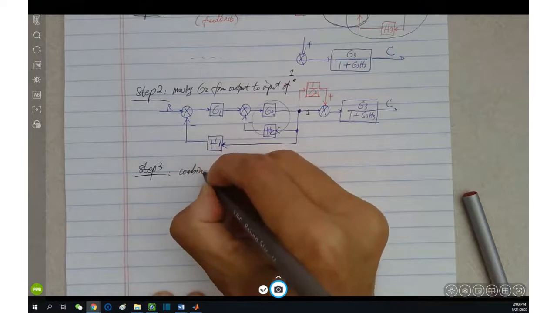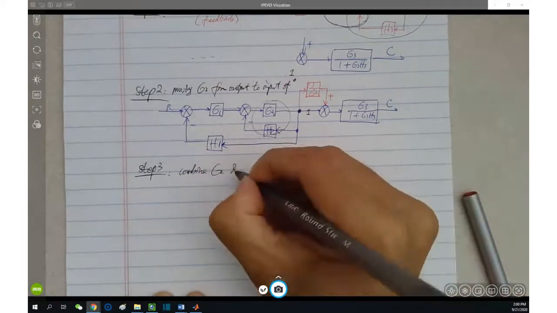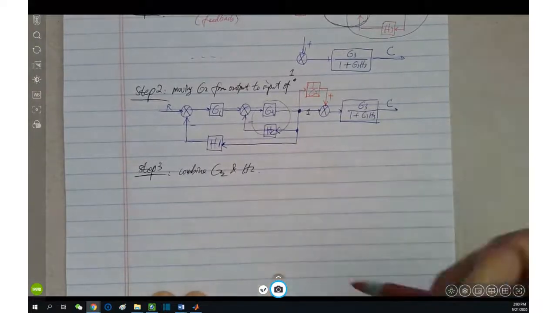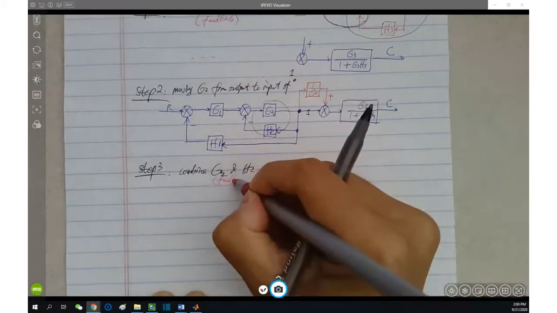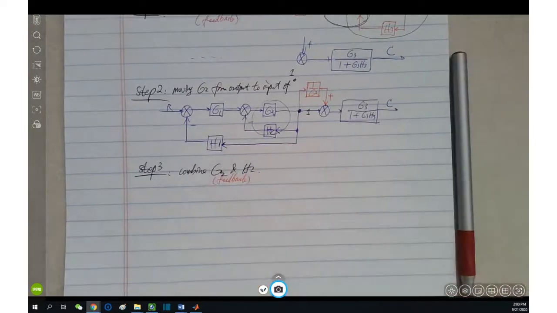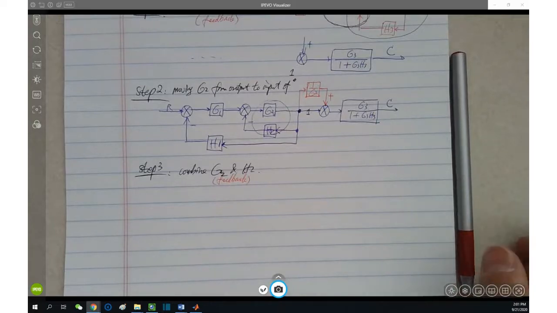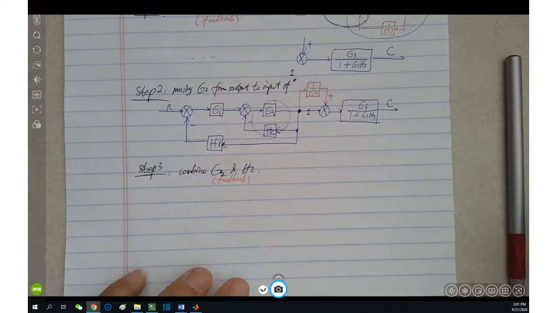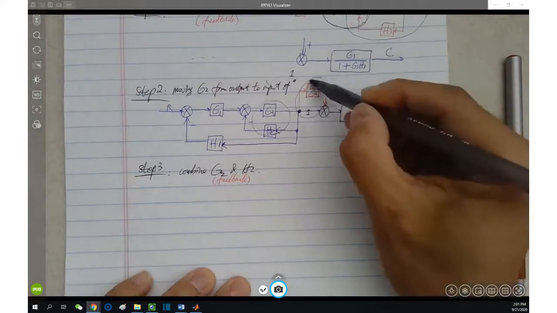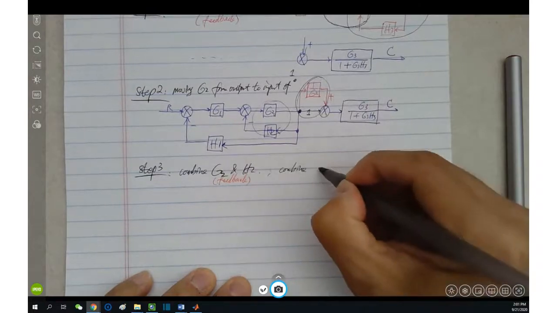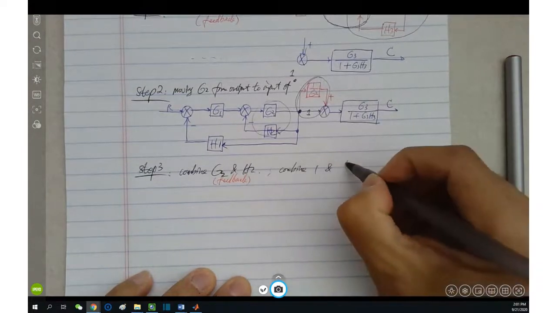Anything else? Yes, 1 and the 1 over G2. Very good. Excellent. Combine the unity 1 and 1 over G2.